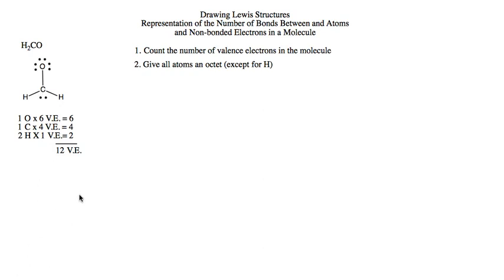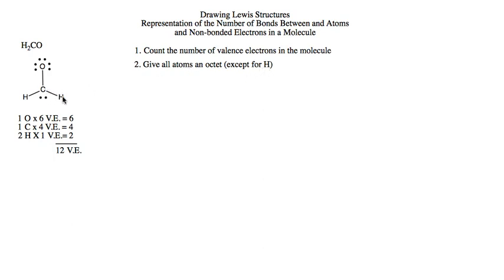Our structure will look like this, where the oxygen has 2, 4, 6, and the shared pair for 8. This carbon has 2 shared here, 2 shared here, 2 shared here, and 2 unshared for a total of 8. Each of these hydrogens only has the single line connecting it because hydrogen only gets 2.